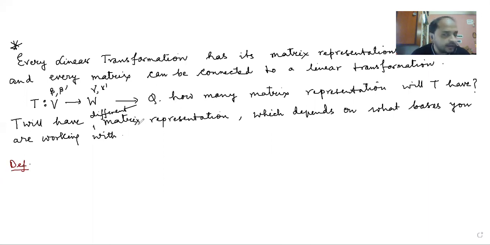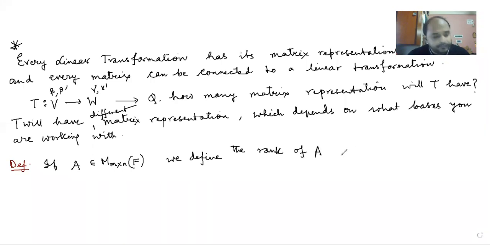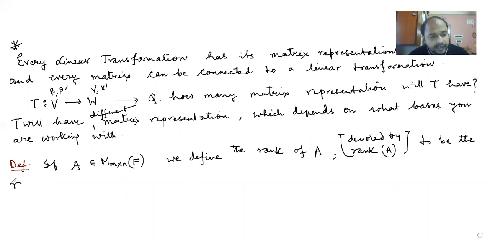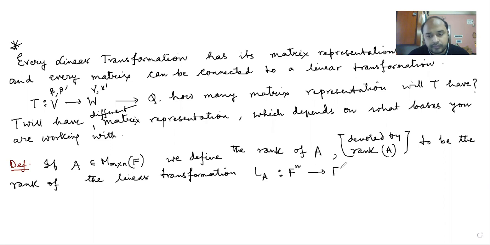Definition: if capital A belongs to M cross N F, we define the rank of A, denoted by rank A, to be the rank of the linear transformation L_A.